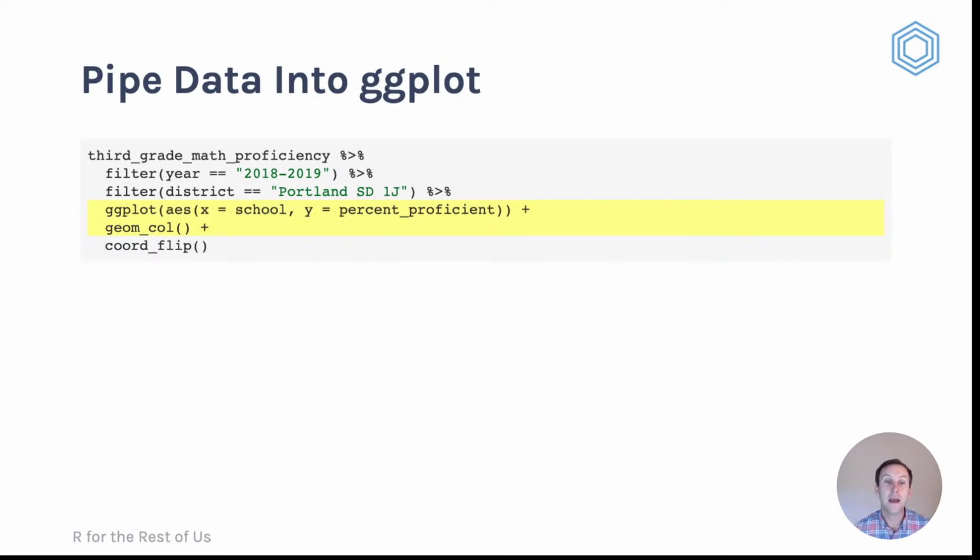But I can actually pipe this directly into ggplot. So you can see now, for example, I use the pipe here, and now I'm switching to ggplot.